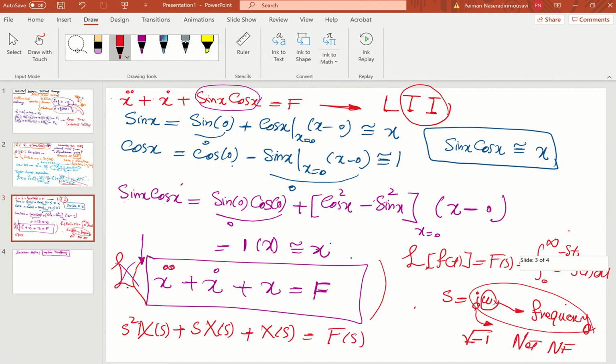So the Laplace transform is a bridge that we can use to come from the time domain to the frequency domain. So from here you can find the transfer function.